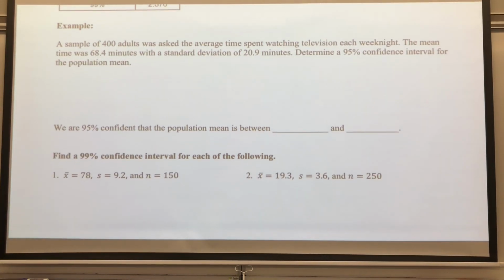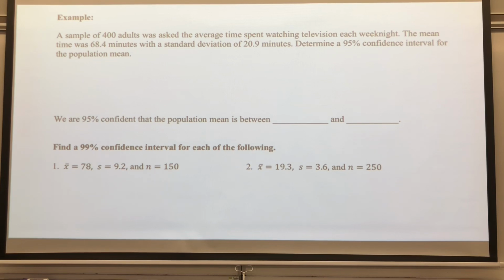As an example, a sample of 400 adults were asked the average time spent watching television each weeknight. The mean time was 68.4 minutes. That's your X bar. And N is 400, the number of adults, with a standard deviation of 20.9 minutes.